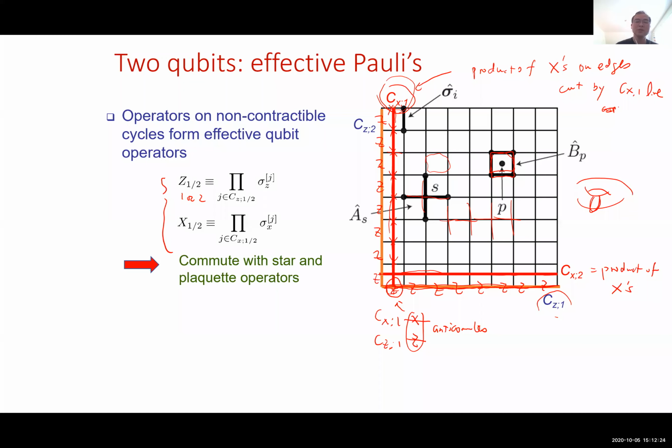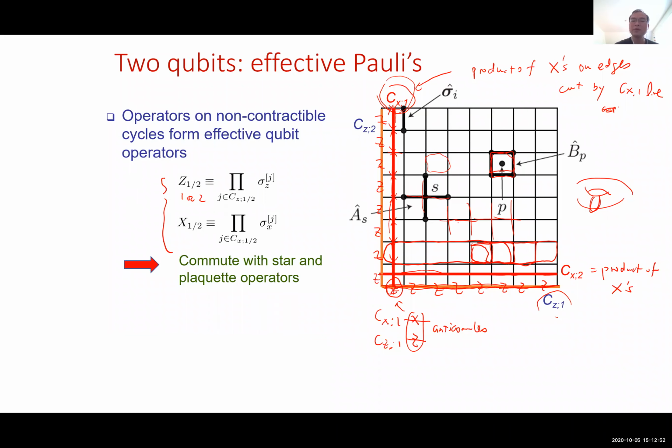We already checked they commute with the star and plaquette operators, and they cannot be generated by the star operators nor the plaquette operators. Because if you consider a product of plaquette operators, the overlapping edges cancel, so it becomes a loop. You try to form a bigger loop, it can wrap around, but it actually wraps around twice.